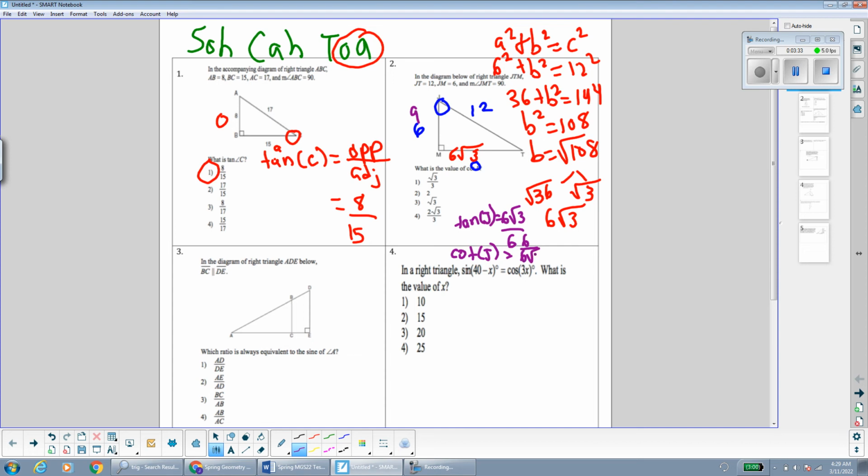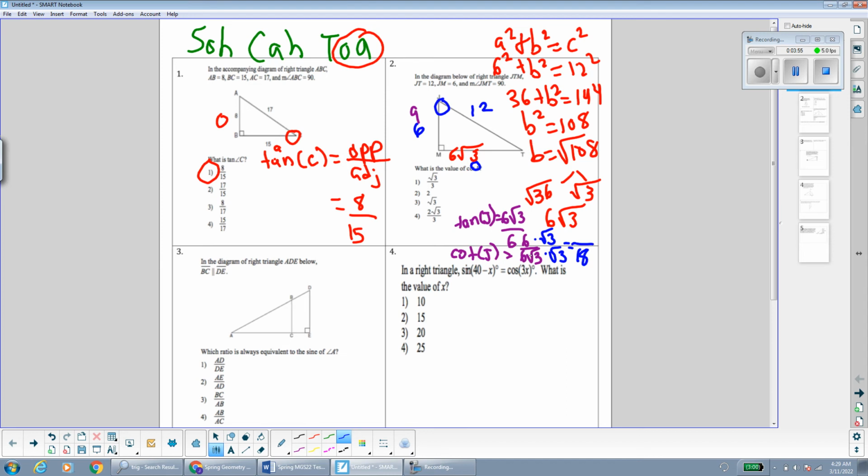over 6 radical 3. Now we don't leave radicals in the denominator, so we're going to rationalize it by multiplying the bottom and the top by the radical we want to get rid of, which is radical 3. So in the denominator, I have 6 times 3, which is 18.